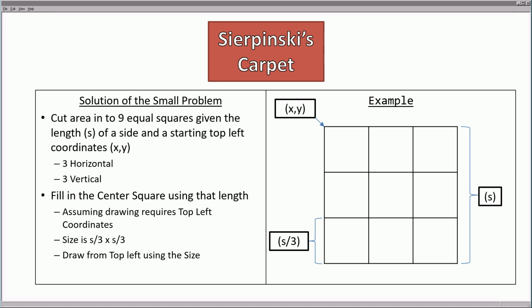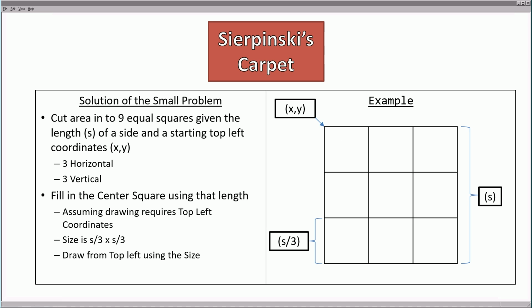So let's look at it like this. If we are given this region, and assume right here, we have the starting coordinates x and y, which are always going to correspond to the top left coordinate. This is very important because our origin, the x and y, is always going to be assumed to be our top left.